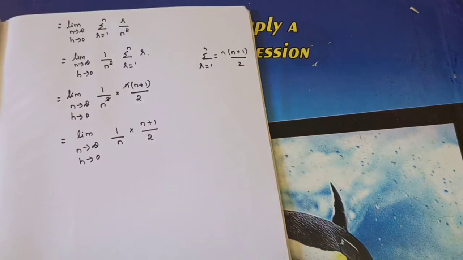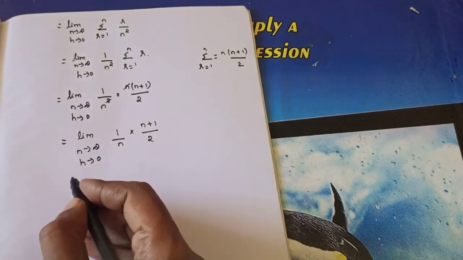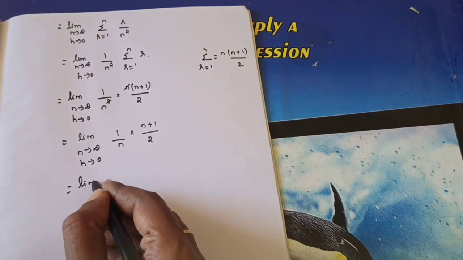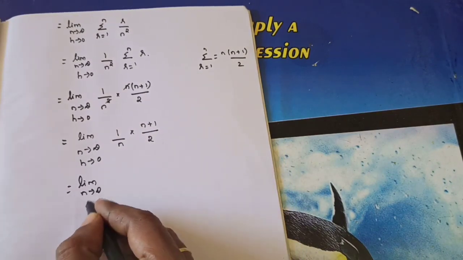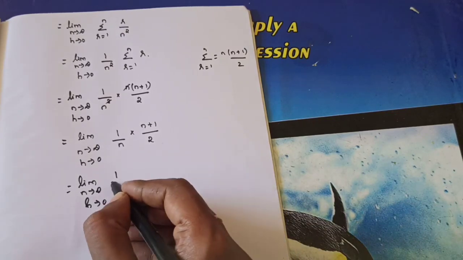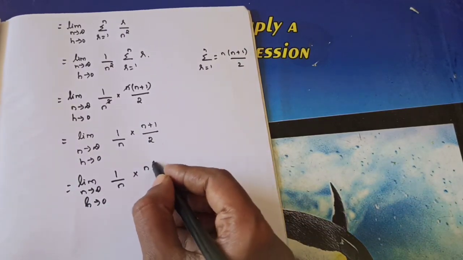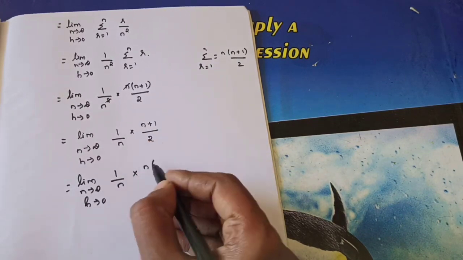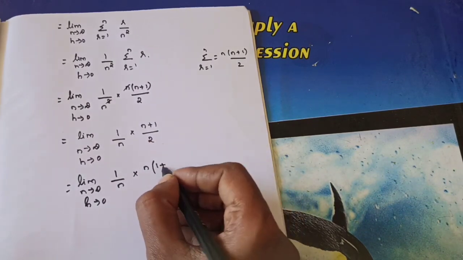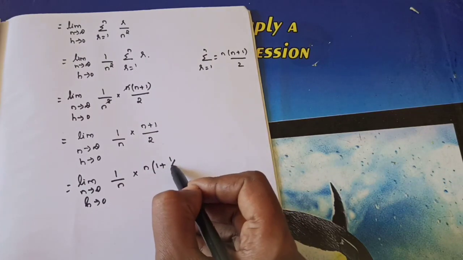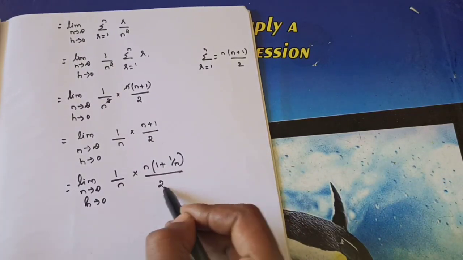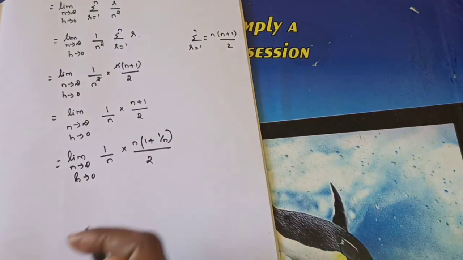For easier simplification we can do one thing. Otherwise directly you apply the limit value. Both are correct. So 1 by n into, here also you can take the n outside. So if I take the n outside, what will happen? n I took outside means the first term will become 1. Here there is no n term, so 1 by n you will get. Correct? Is it right?